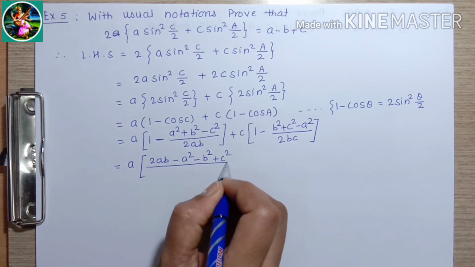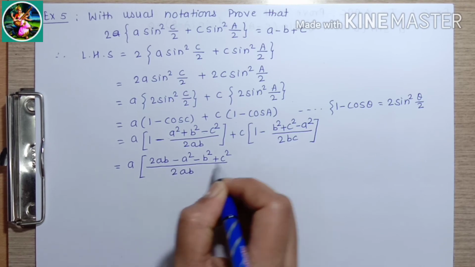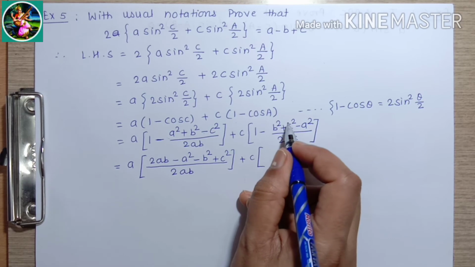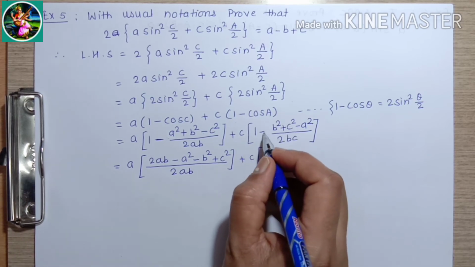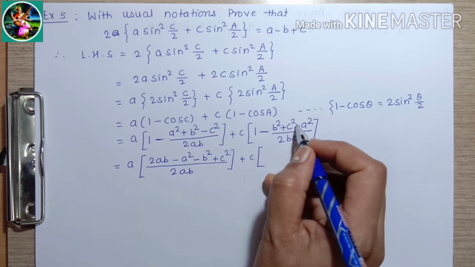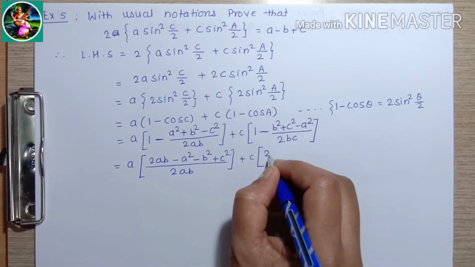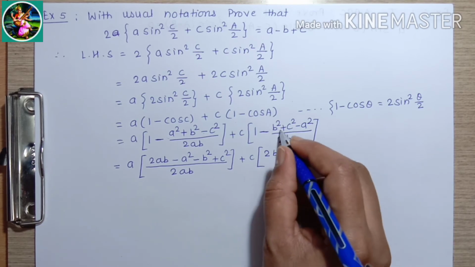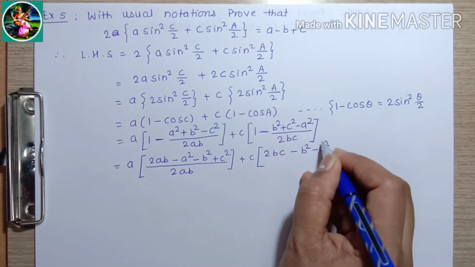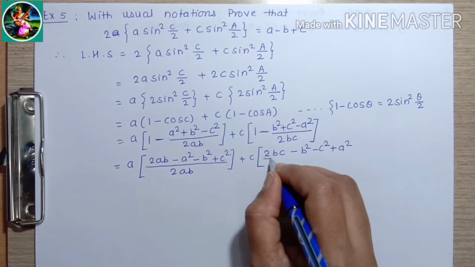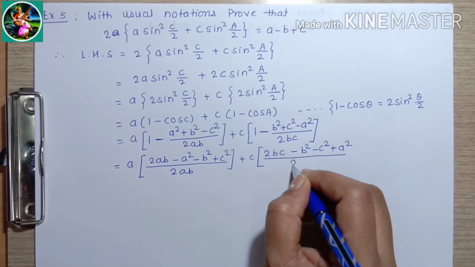And this divided by 2ab. Plus C into bracket. Here also we take cross product, and because of this minus sign we change the sign of each term. Therefore here we get 2bc minus b square, minus c square, and minus a square becomes plus a square, and this whole divided by 2bc.